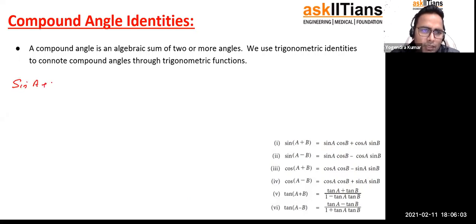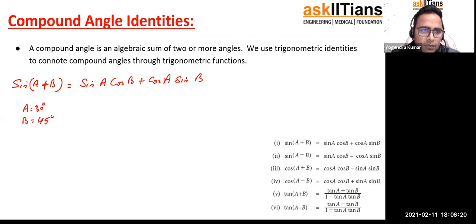Sine of a plus b. There are two angles, so we can write sine of a cos of b plus cos of a sine of b, right? So now a is what? 30 degree and b is what? 45 degree, right?